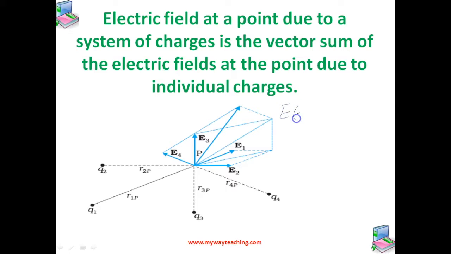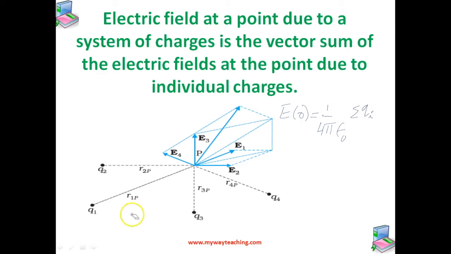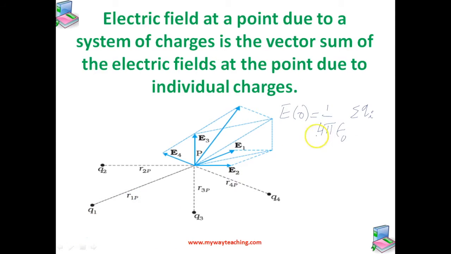That is, E of R is equal to 1 by 4 pi epsilon naught sigma Qi by RiP square and a unit vector RiP.